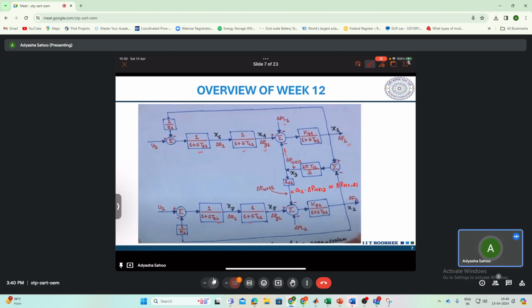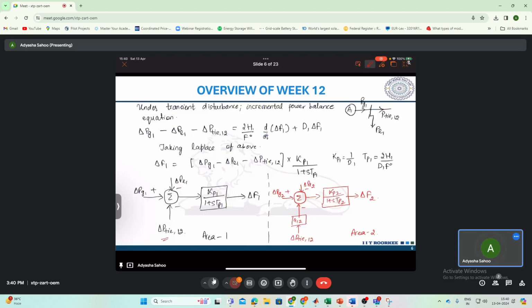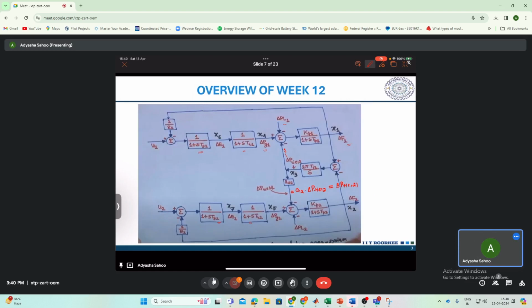So minus that, if you see here, this lower part is coming here as Pg2 minus PL2 minus P tie 21, multiplied by this Kp2 by 1 plus sTp2, giving you delta f2. And earlier we have seen this feedback from delta f1 and delta f2 through 1 by R1 and 1 by R2, that is coming here.